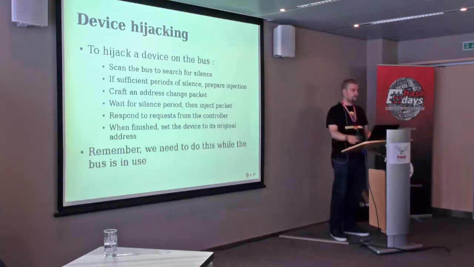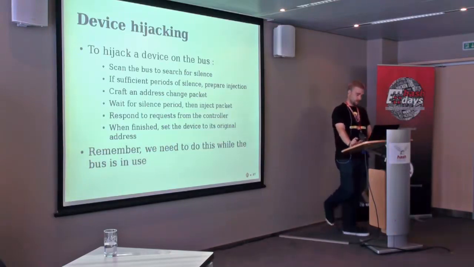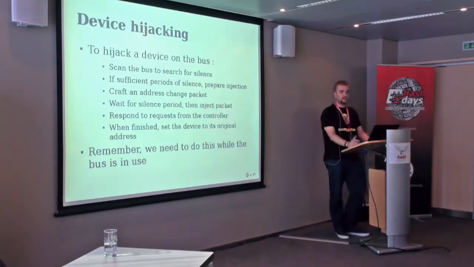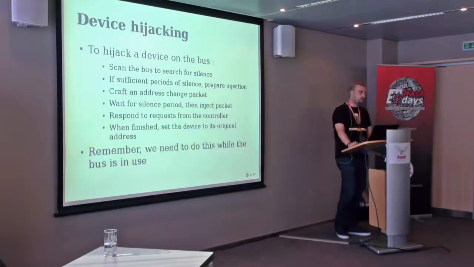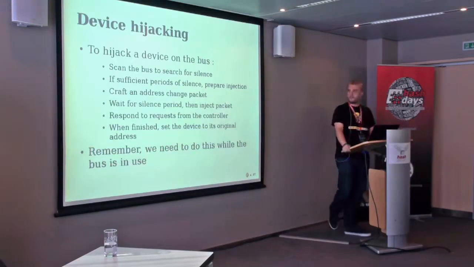So look at the device you want to hijack, prepare an address that is not in use at the moment, then wait for a silence period, inject the packet so the device will change its address, and then at this moment we can start responding instead of the target device. After we've finished, to be clean, we need to tell the device to get its original address back, so we'll stay stealthy and normally there won't be any alarm firing up.